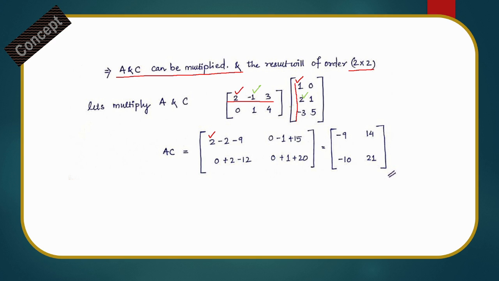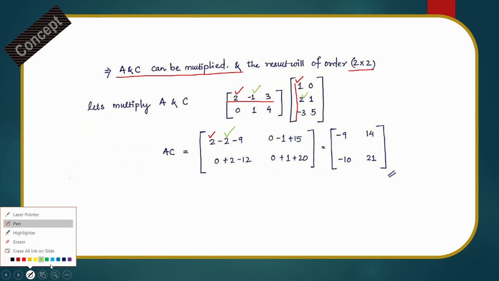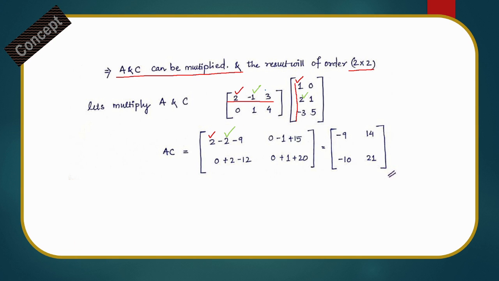What is -1 into 2? -2. Then I will multiply 3 into -3. What is 3 into -3? -9. And I will write it in a single element. So 2 into 1, 2, -1 into 2, -2, 3 into -3, -9.